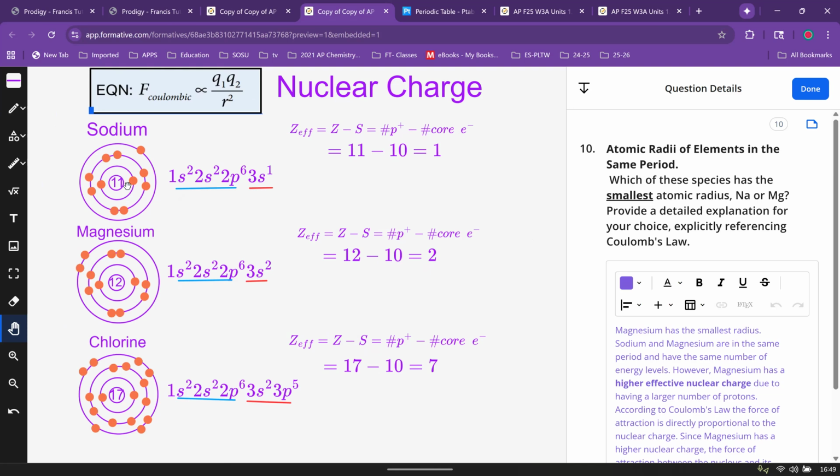So magnesium has more protons, but also the same number of energy levels. What does that mean? It means that the force of attraction is going to be greater between the valence electrons and the nucleus in magnesium than between the valence electron and nucleus of sodium.